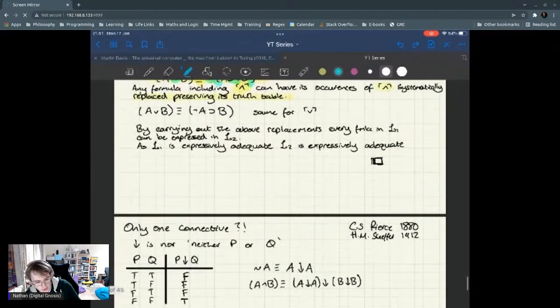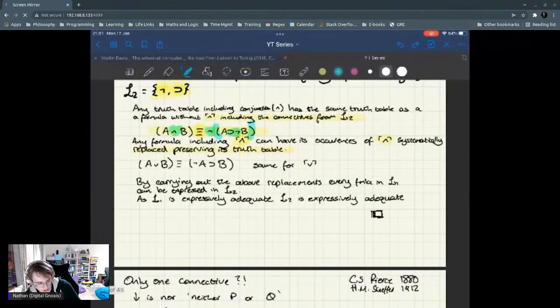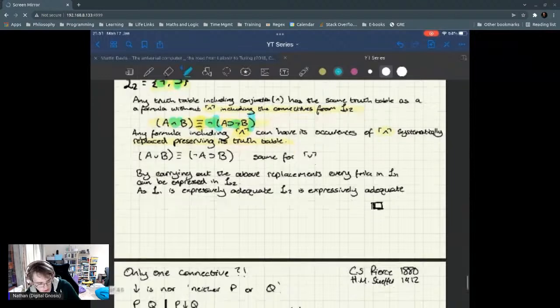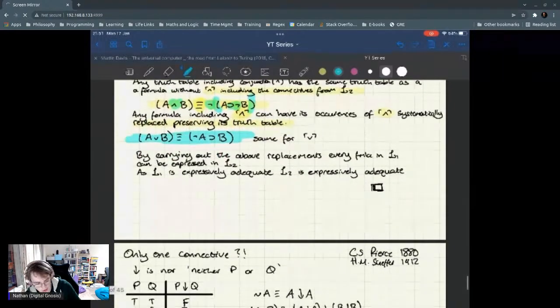Okay, and then we show that we have the same thing for OR and our two connectives here. So we have this equality between the two, and it's just the same. We can systematically go through, and any formula in which OR occurs can have all its occurrences of OR systematically replaced, preserving its truth table.